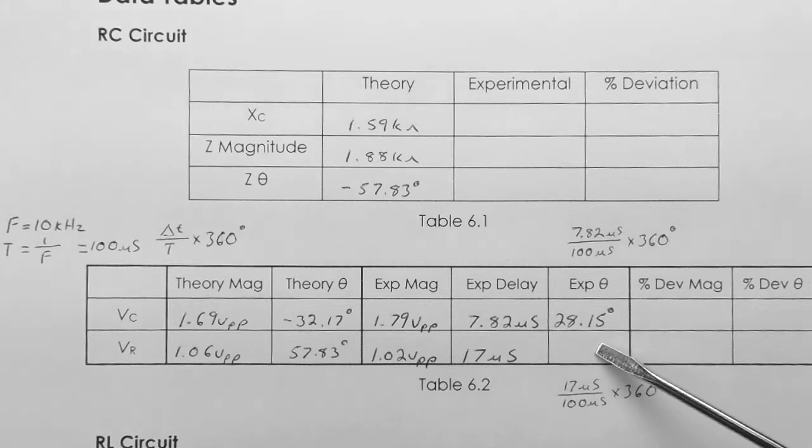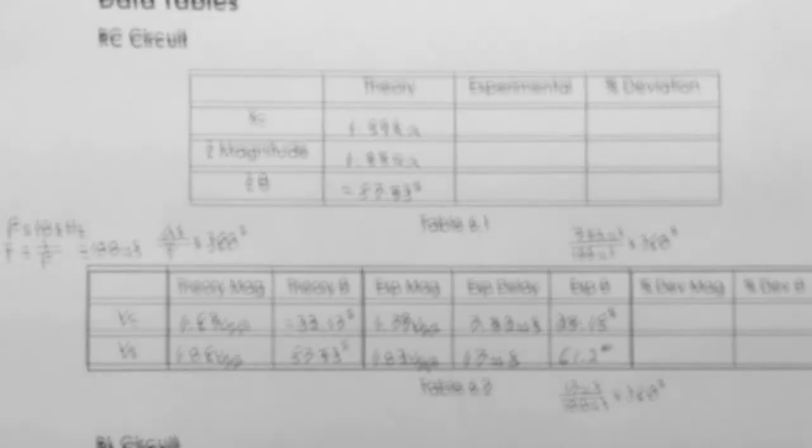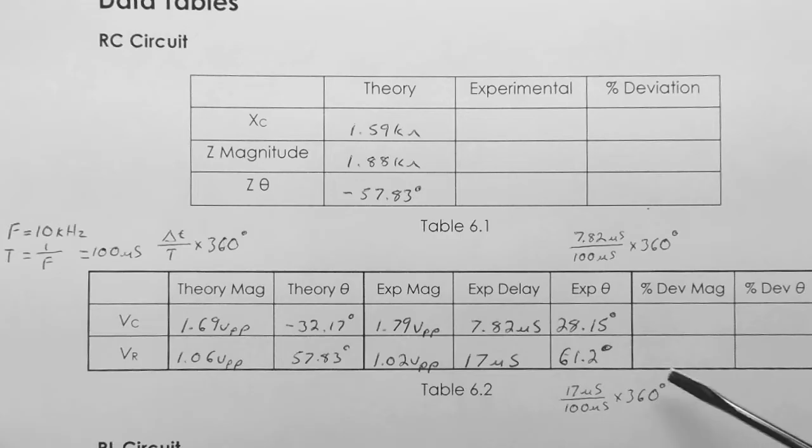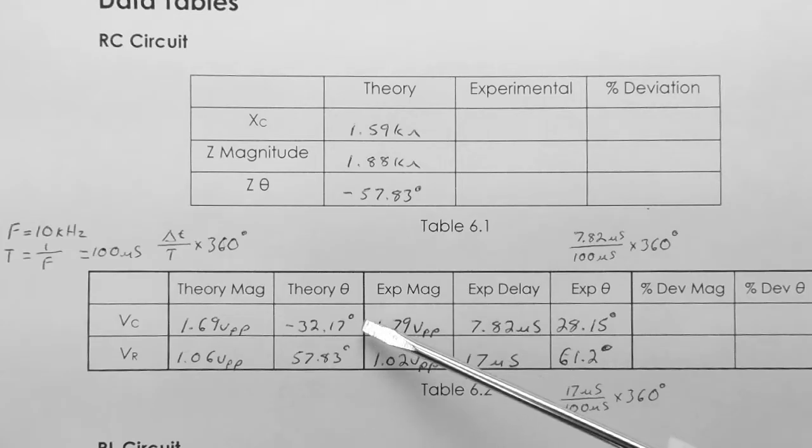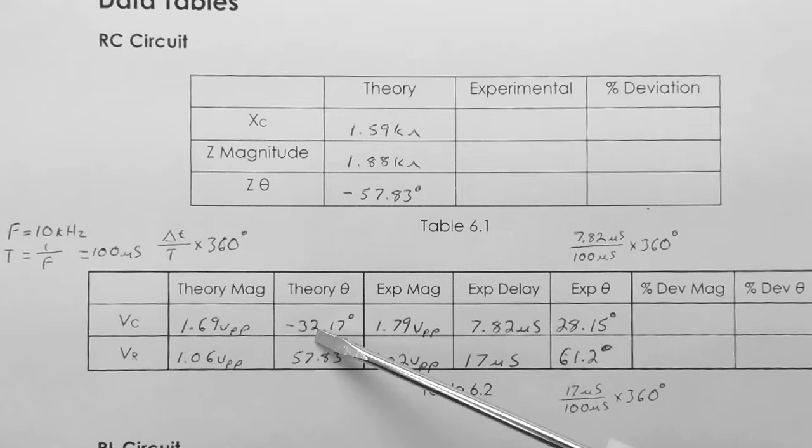Now to calculate the phase angle for VR, it's the 17 microseconds divided by the 100 microseconds times 360 degrees. So you can see the experimental phase angle for VR works out to be 61.2 degrees. Now you'll notice in our calculation for VC, it was a negative angle. So let me show you why that happens on the oscilloscope.